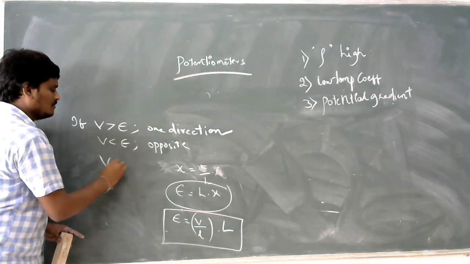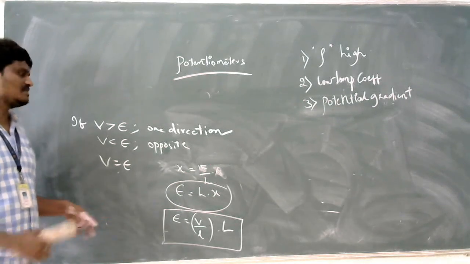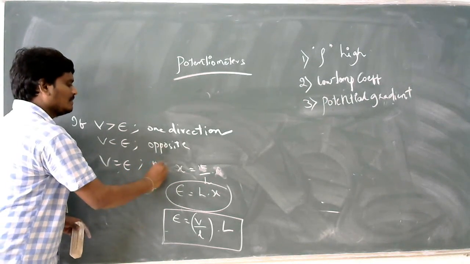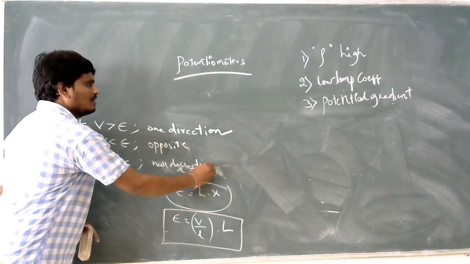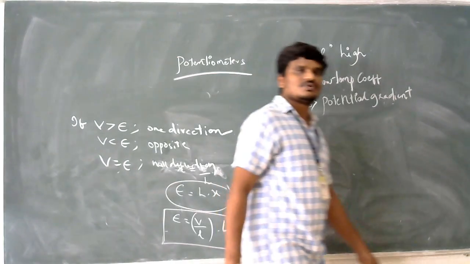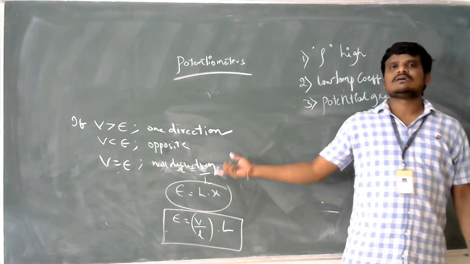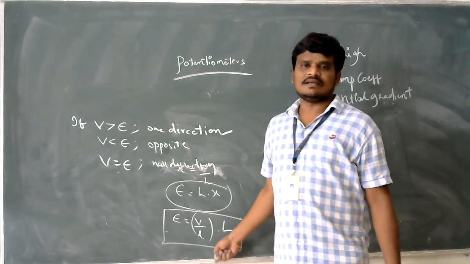If V equals E, that is, whenever the unknown EMF is equal to the standard cell voltage, then the galvanometer will show null deflection. Whenever the galvanometer shows null deflection, I can say that the potentiometer is standardized.